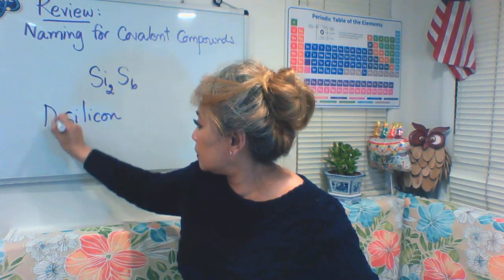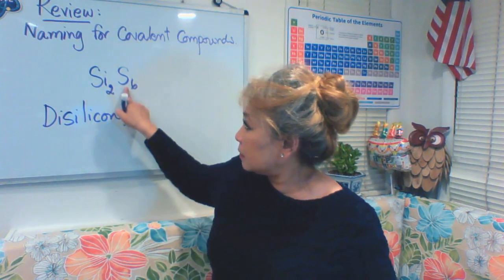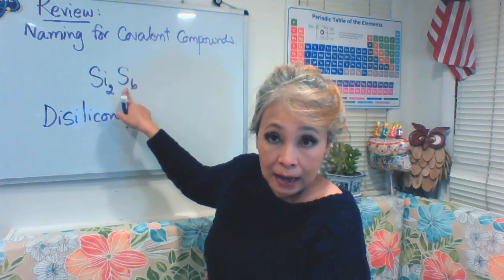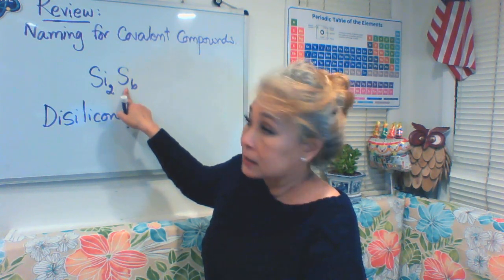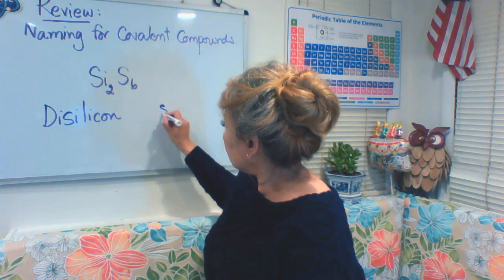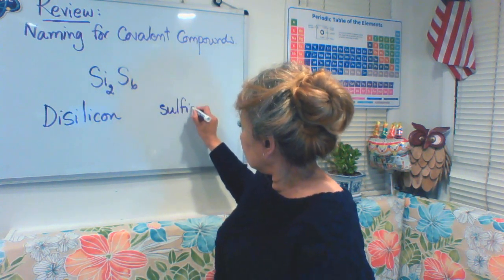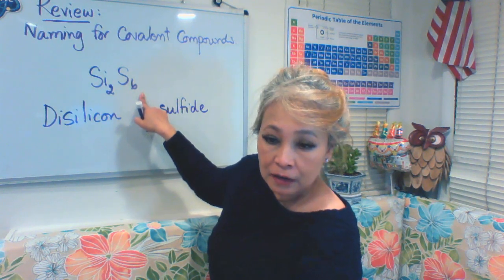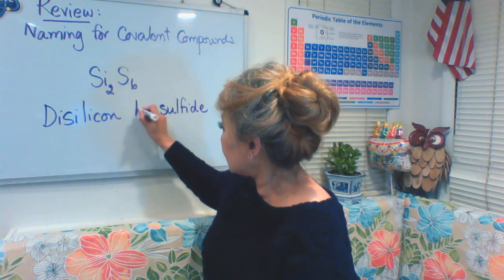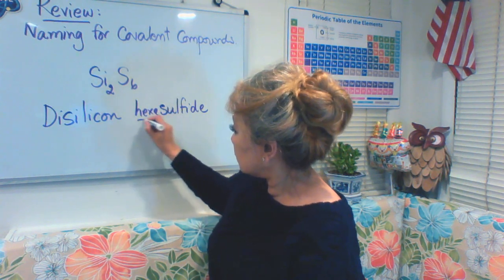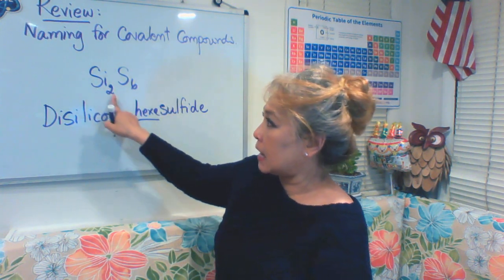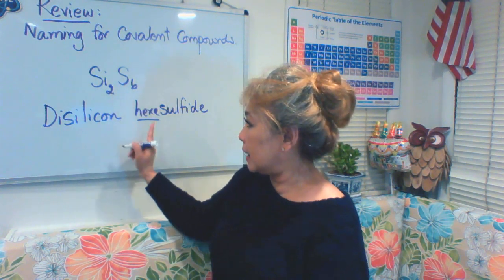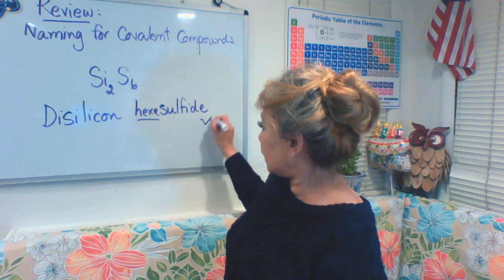Put di in front. Disilicon. What is that S? S, name with ide. S is sulfide. Write down. How many atoms? 6. What is the prefix for 6? Hexa. Write down. The name of Si2S6 is disilicon hexasulfide.